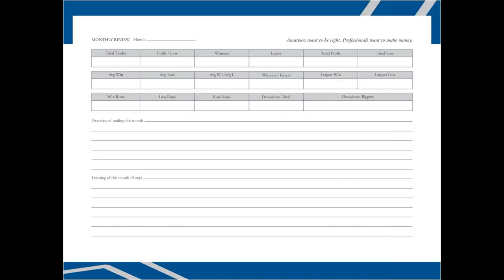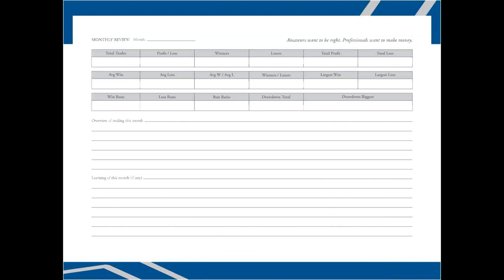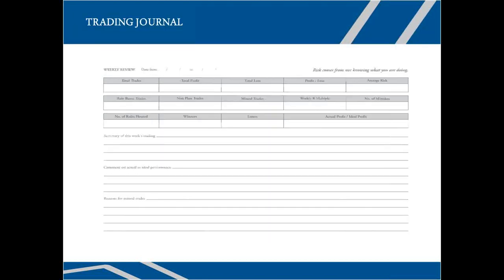Otherwise, if you're salaried, even better, you just draw a salary and you move around. But what happens in the market? In the market, you make money, you lose money, you make money, you lose money, but ultimately you need to assess yourself. And that's what this trading journal does.